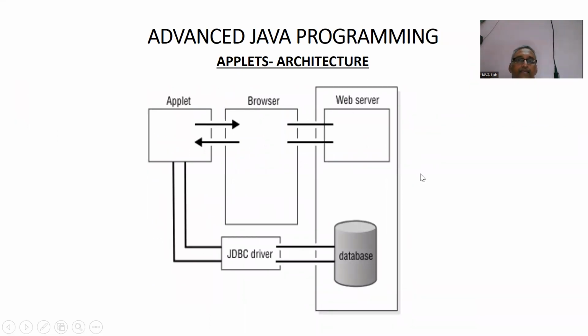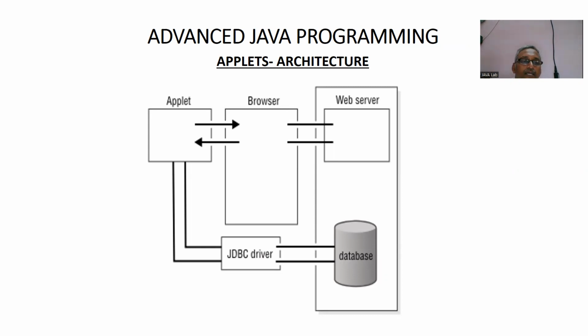This applet architecture consists of applet, browser, web server, JDBC driver, and databases. The browser is a front end, that means client. The web server is a back end, that means server. The data is stored in the databases. This is the architecture of applet. This is a runtime architecture for a Java applet.